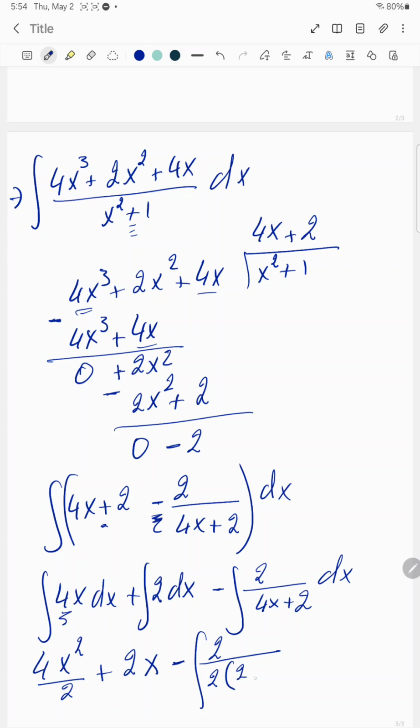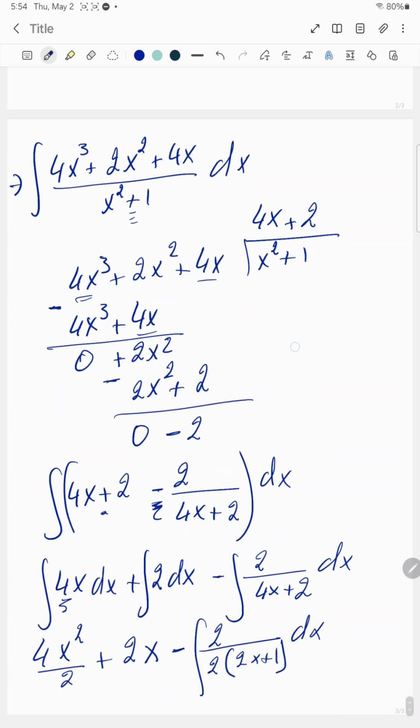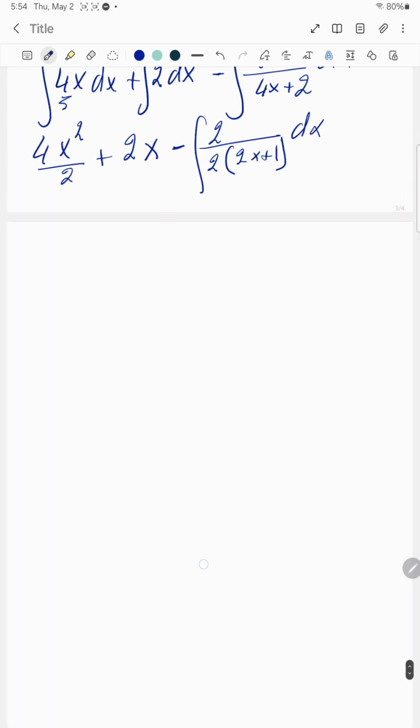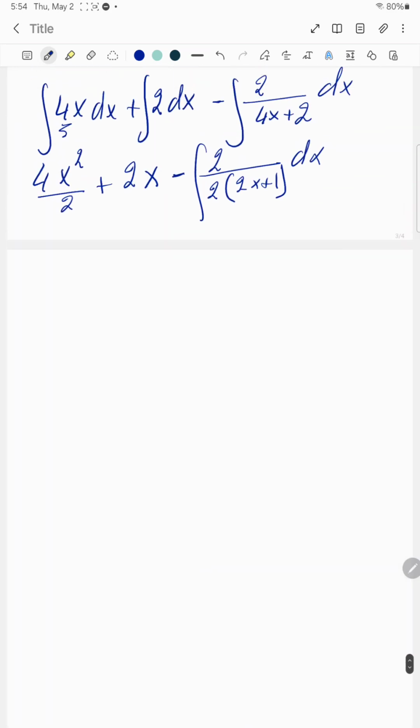It becomes 2x plus 1 dx. So my 4 divided by 2 becomes 2x squared, because I can simplify by 2 here. It becomes 2x squared plus 2x. And here I can simplify by the 2, minus 1 over 2x plus 1.